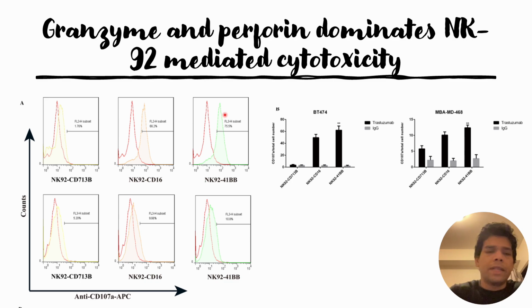So here what they did is they took two kinds of cells, one that is HER2 positive cells and another that is HER2 negative cells. In order to trigger this ADCC they use antibodies that can recognize these HER2 positive target cells.